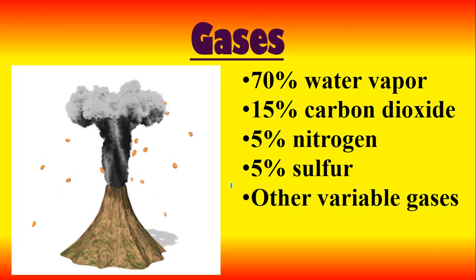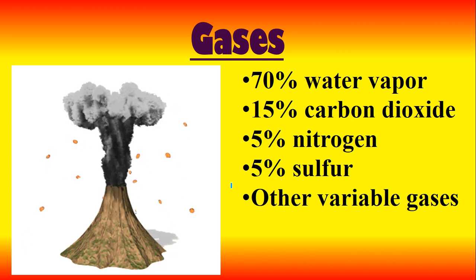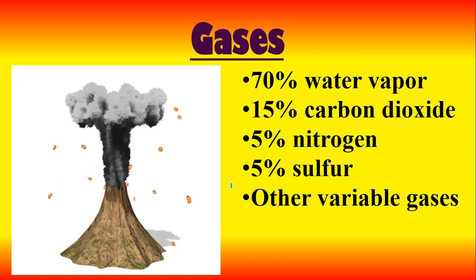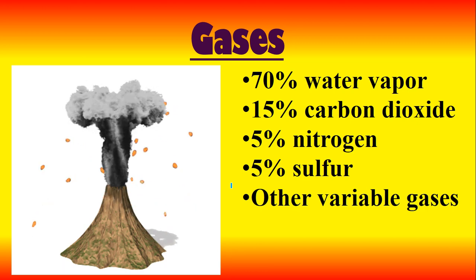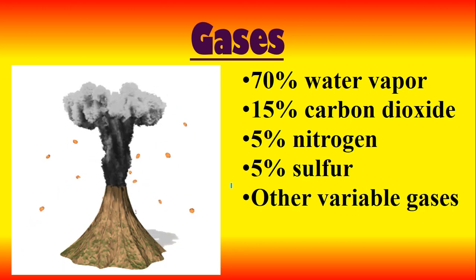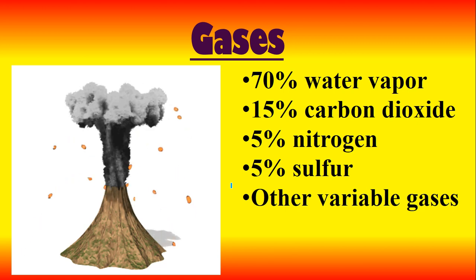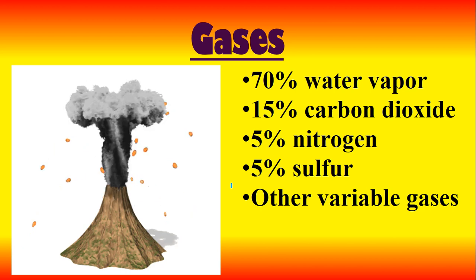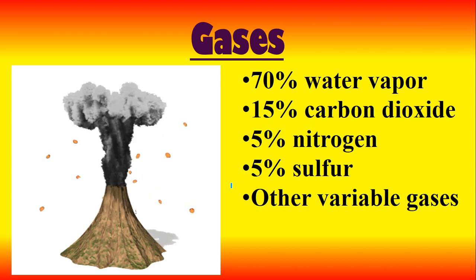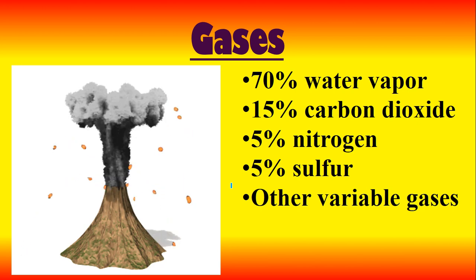Gases: remember, gases are released during the eruption. The amount of gas also determines how violent the eruption is. About 70% of all the gas will be water vapor, 15% will be carbon dioxide, 5% nitrogen, 5% sulfur, and then there are other variable gases that can come out.